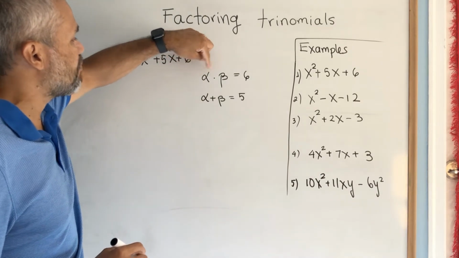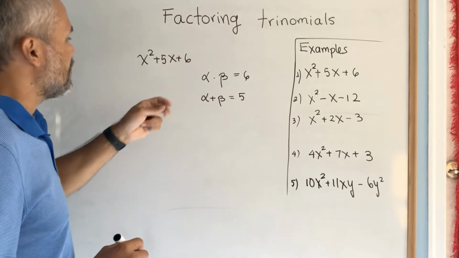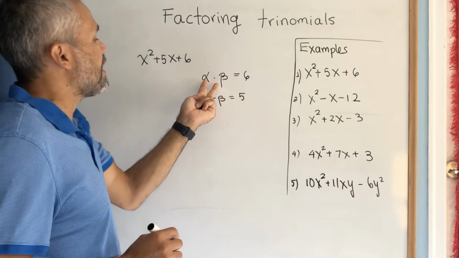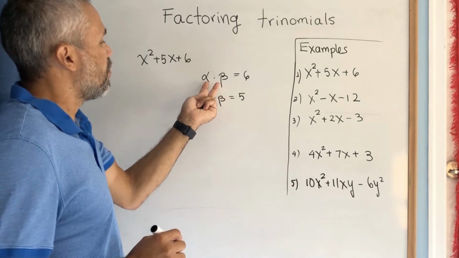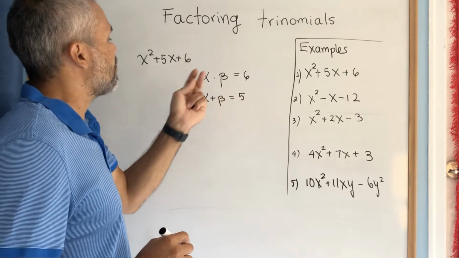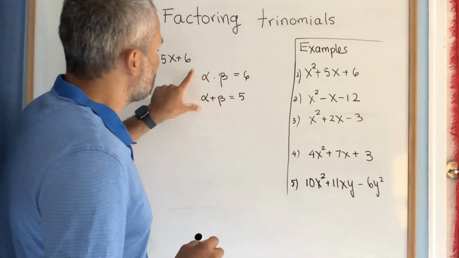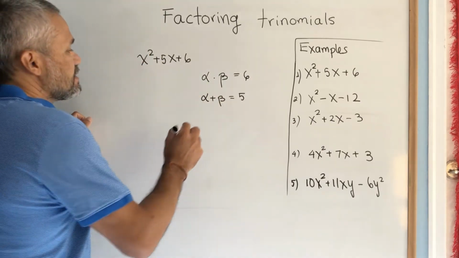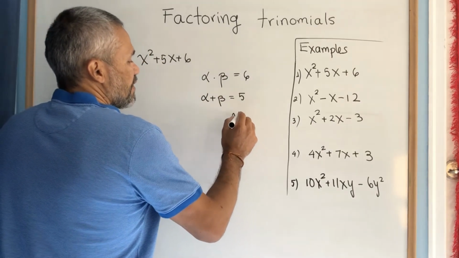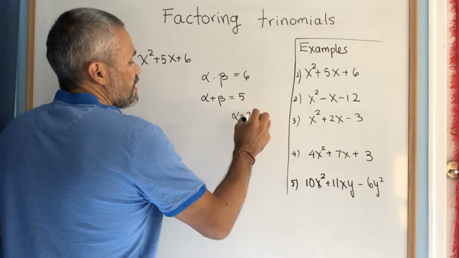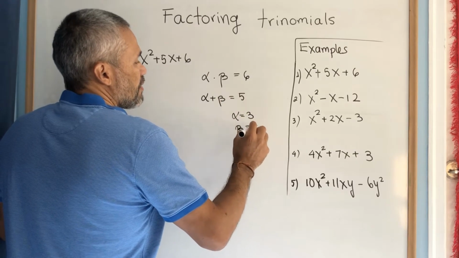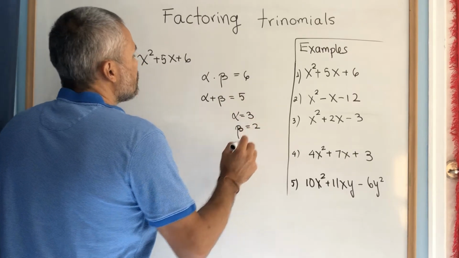Notice that since the product is 6, alpha and beta are either both positive, or both negative. But since the sum is positive, they both need to be positive. In this case, just by trial and error, we know that alpha equals 3 and beta equals 2.